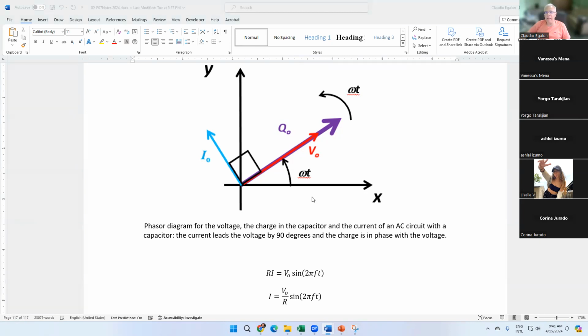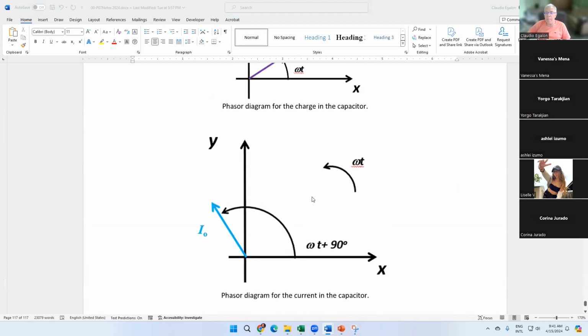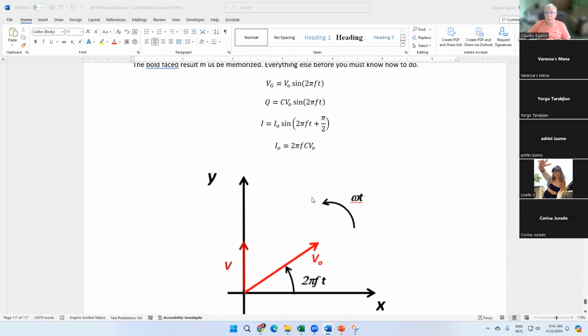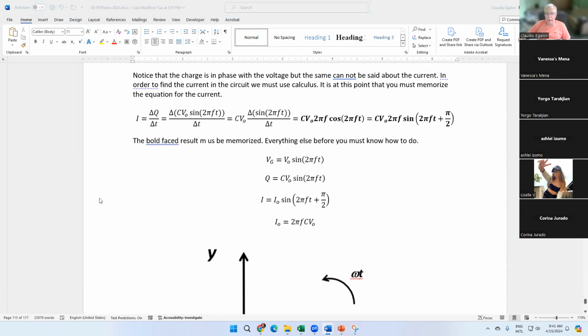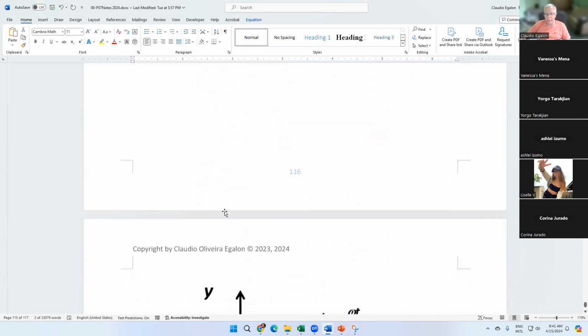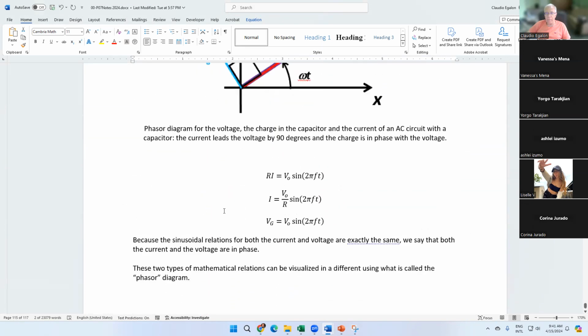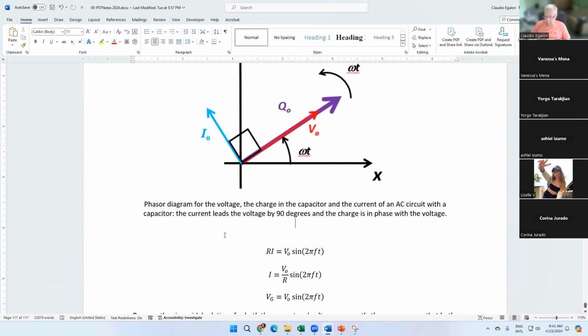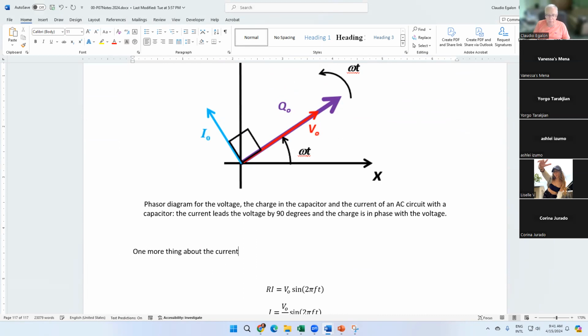Oh, there is one more thing that I want to tell you, okay? Very important. I will need to write this equation that you see right in here. One more thing about the current, the equation for the current.